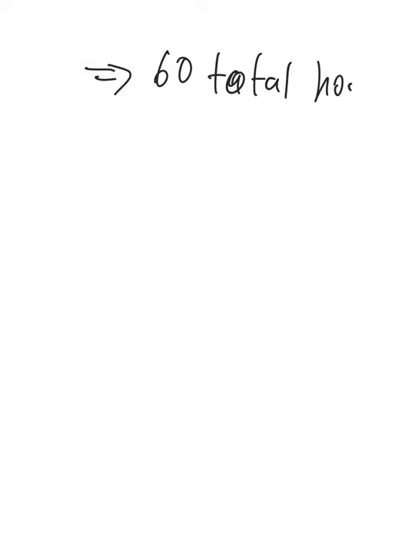So we have then decided to move to a situation where each country is given 60 total hours. So we're going to give Poland 60 hours of labor and the Czech Republic 60 hours of labor. So in the case of Poland, its production possibility frontier looks like this.